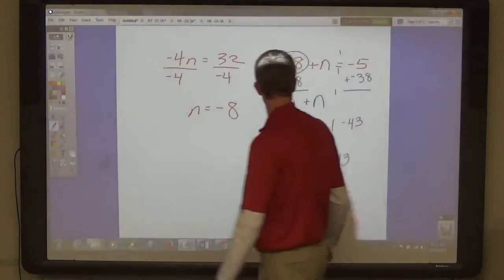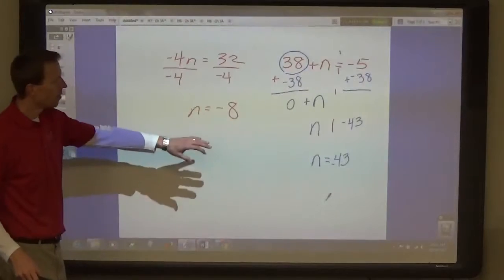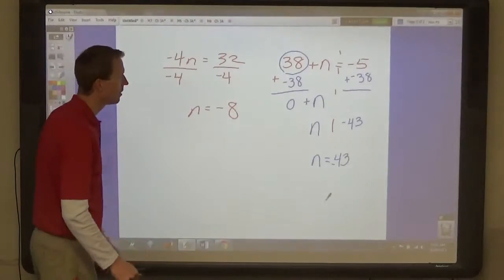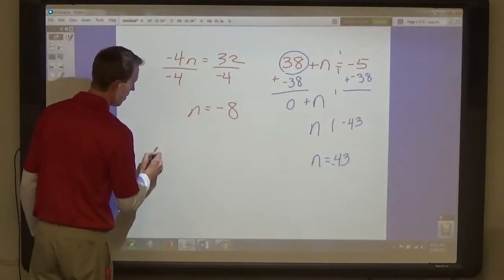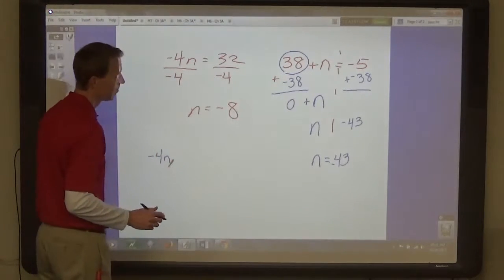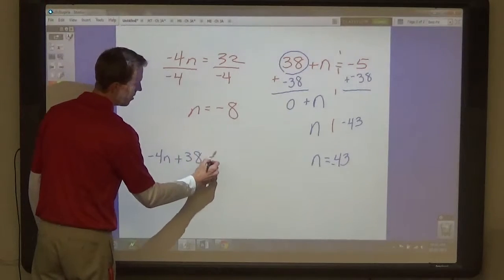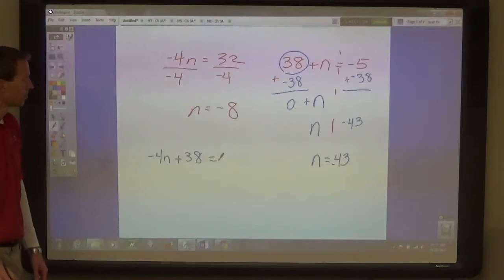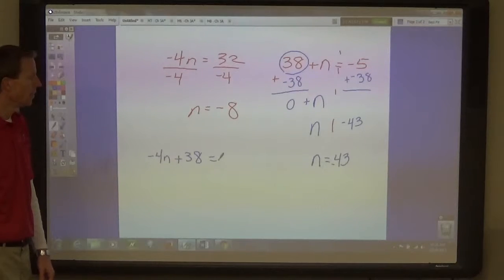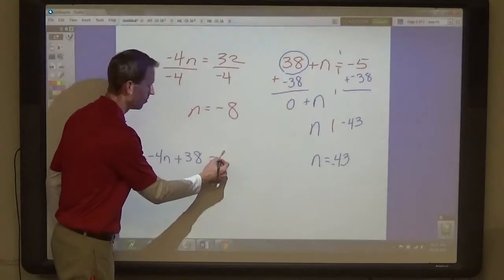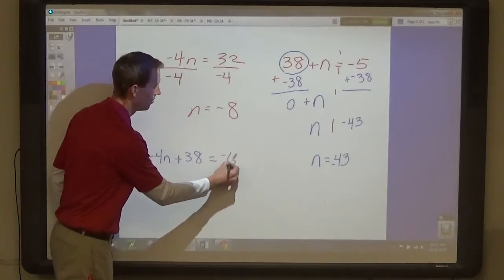Now, if we combine these two concepts, so in other words, we put negative 4n plus 38 on one side, and then let's try this.